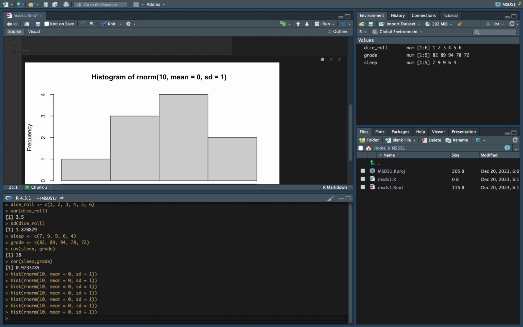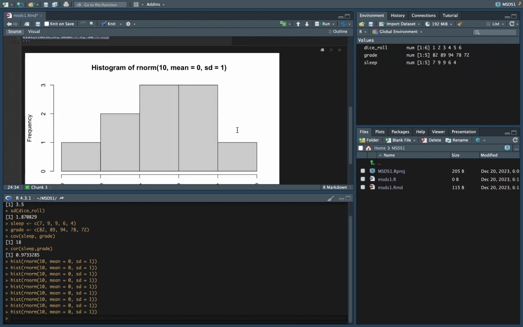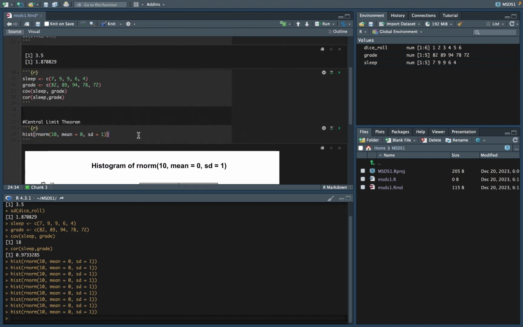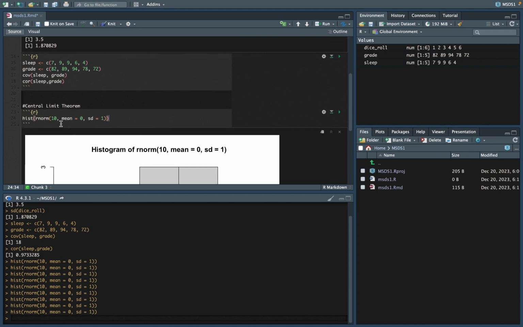Again, that one kind of looks like a normal distribution, but most of these don't. The sample size is too small for us to get a reliable normal distribution. So instead of a sample size of 10, let's give it 30.